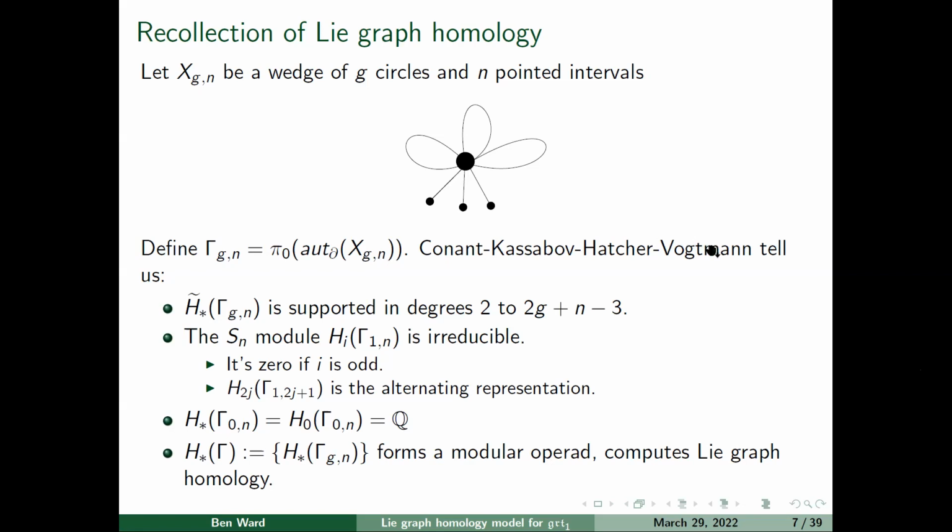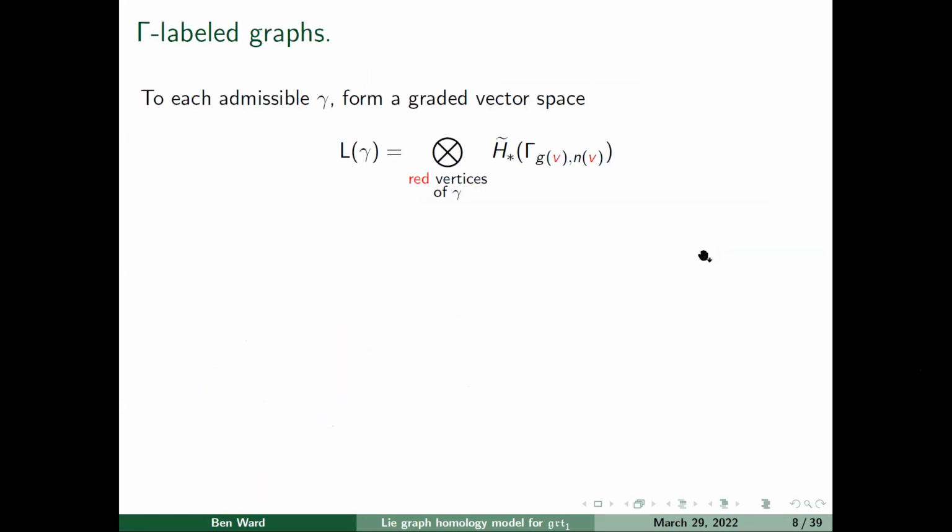Okay, so that's just a quick recollection of a few facts that I'll need, and then I'll go back to the question, which was, what do I associate to each of my graphs? What I'd like to associate to each of my graphs is a graded vector space. So my graph is gamma.